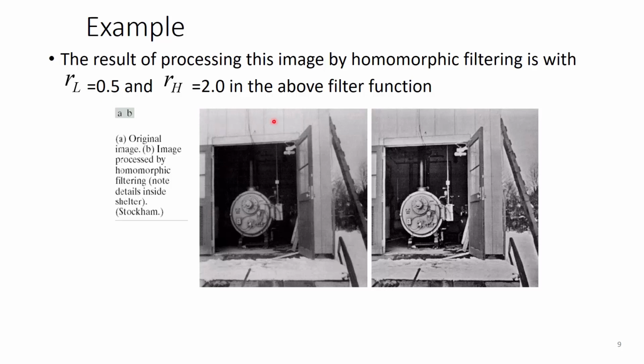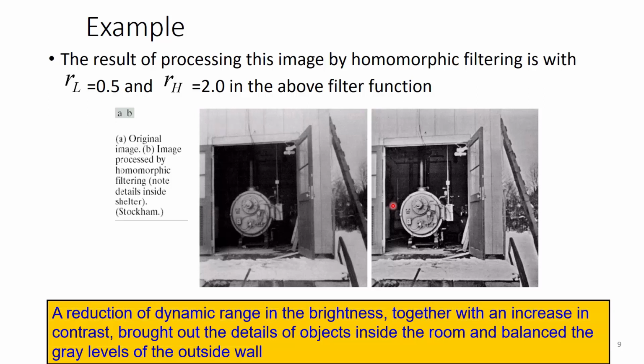So after passing through a homomorphic filter, which is a high-pass filter, we can find more finer detail in this figure. A reduction of dynamic range in the brightness together with an increase in the contrast brought out the details of the object inside the room and balanced the gray levels of the outside wall.